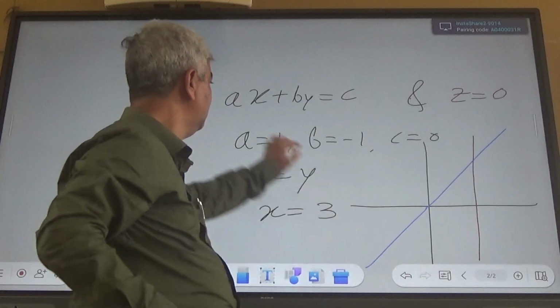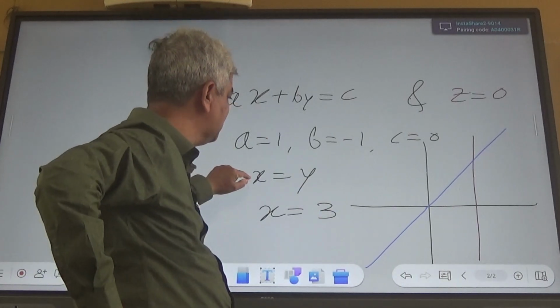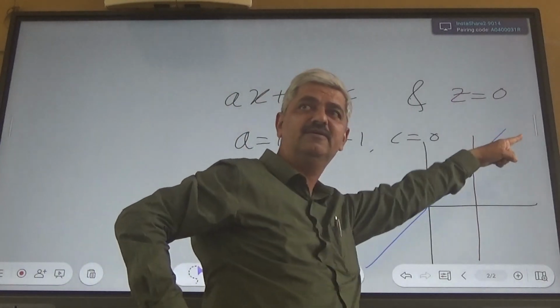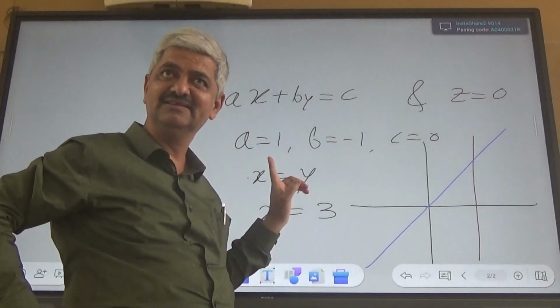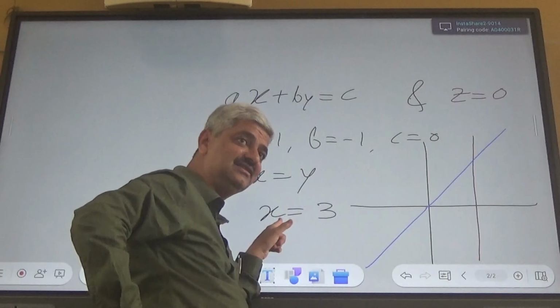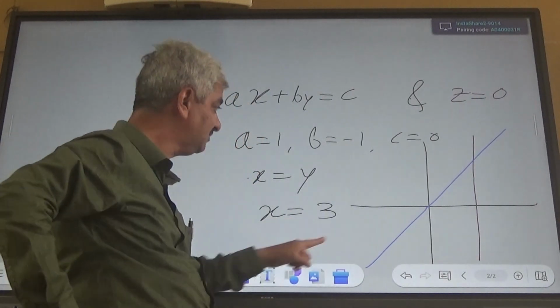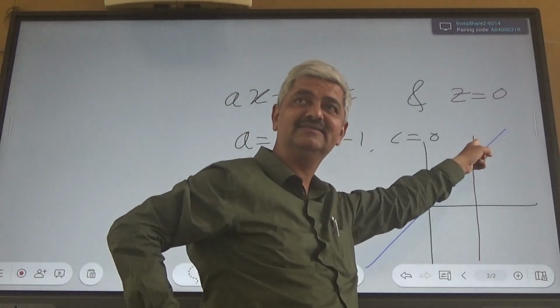So the first equation is satisfied by infinite points on this blue line. The second equation, x equal to 3, is satisfied by infinite points on this line.